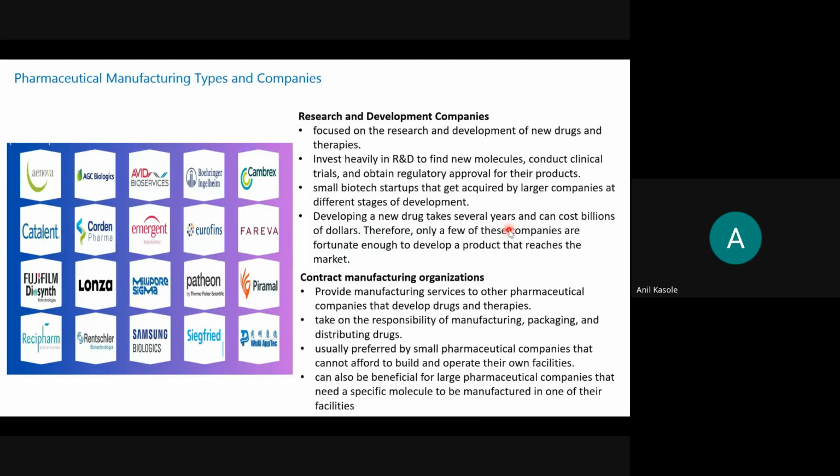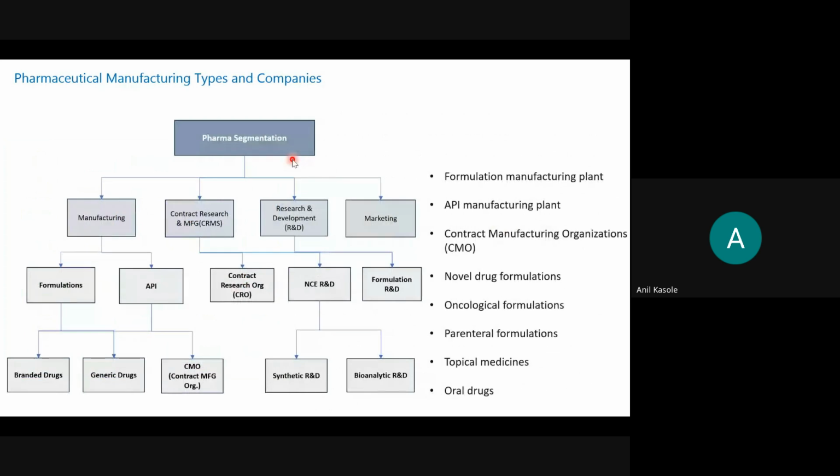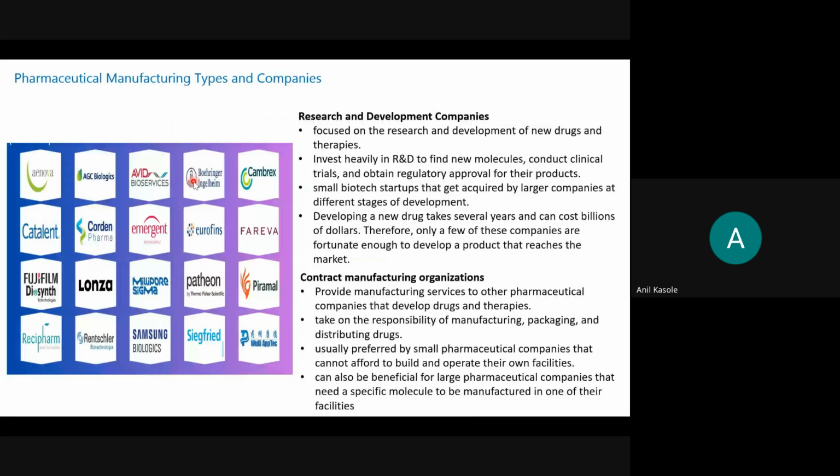Now we can see the basic functionalities of the different types of companies in the segmentation. For example, research and development. On the left hand side, you can see the top pharmaceutical companies. They are into research and development as well as contract manufacturing.